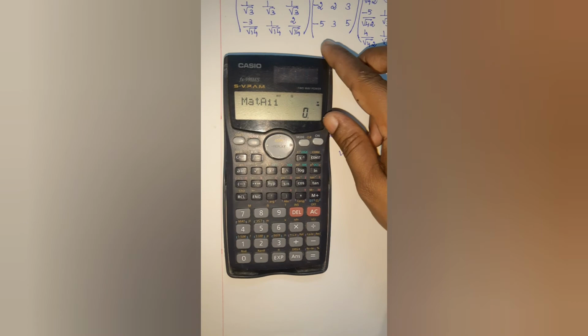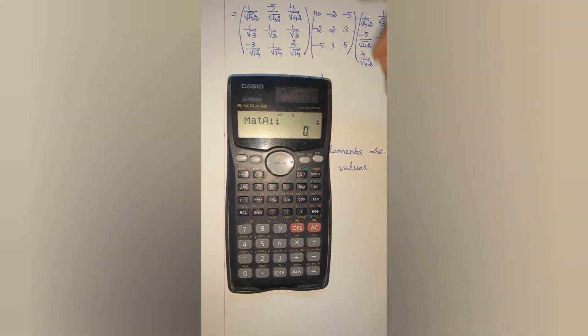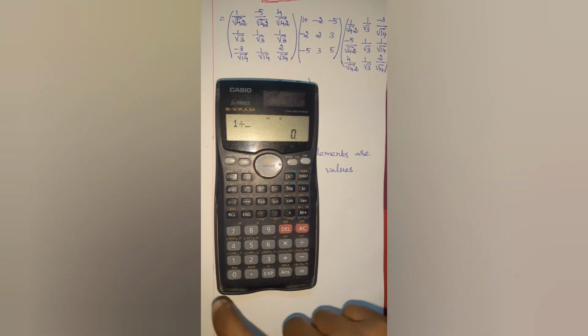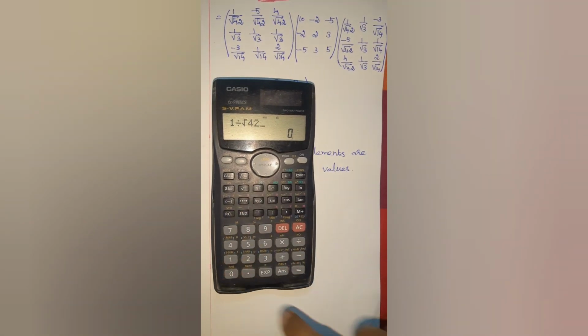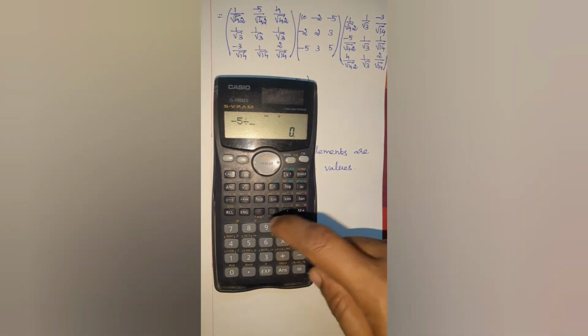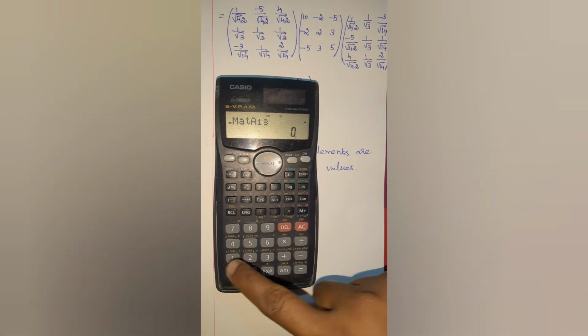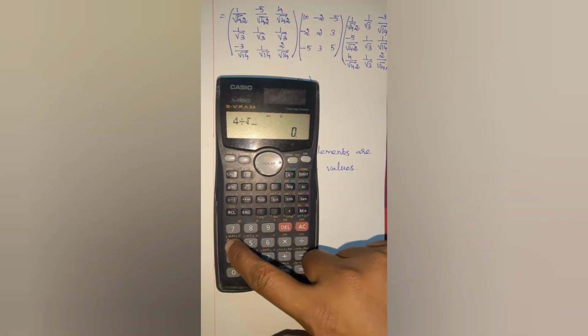Mat A 1 1 entry. Enter the mat A values row wise: 1 by root 42, then press equal to, minus 5 by root 42, equal to, 4 by root 42.